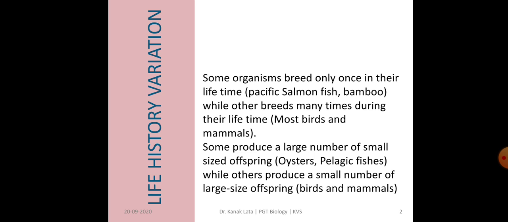Some individuals produce a large number of small offspring, like oysters and pelagic fishes, but others produce a small number of large-sized offspring, like birds and mammals.